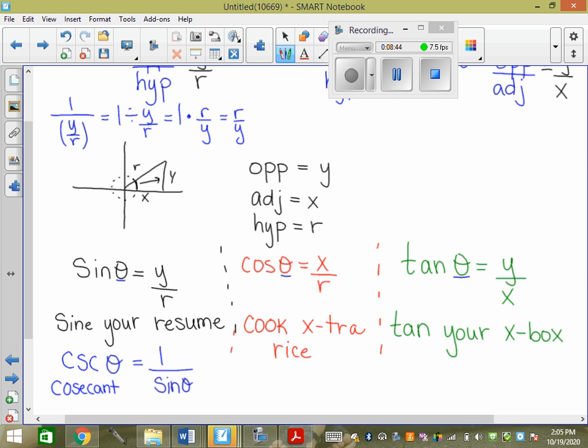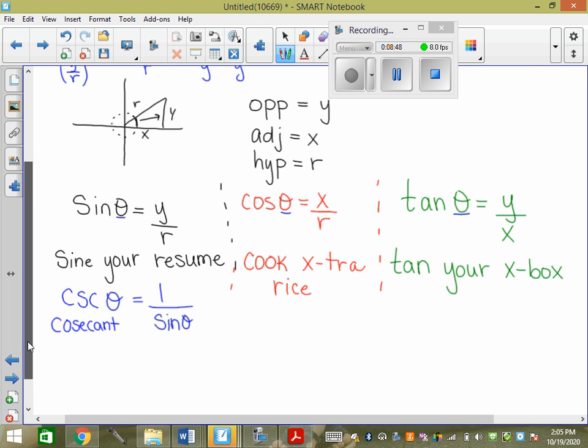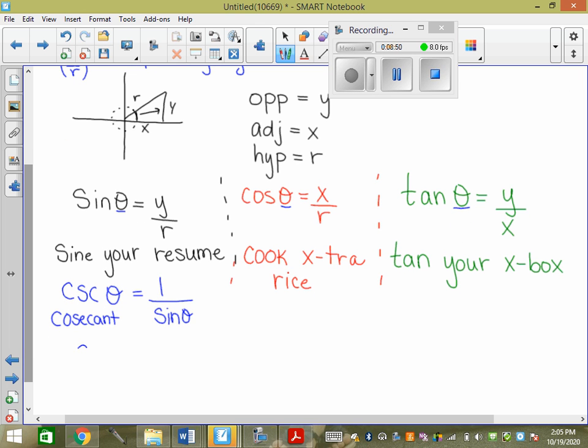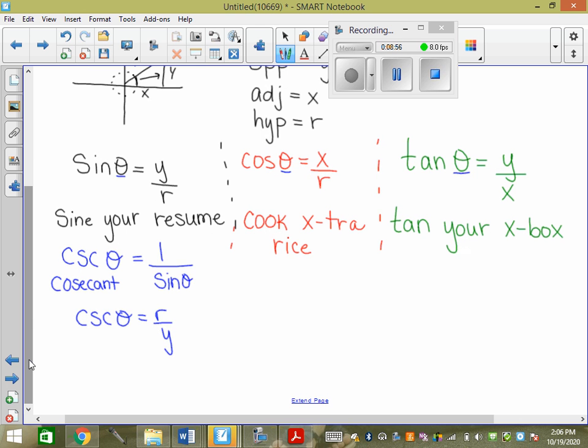So when you do 1 over sine, it's just the reciprocal of sine. If sine is y over r, cosecant theta is just r over y.